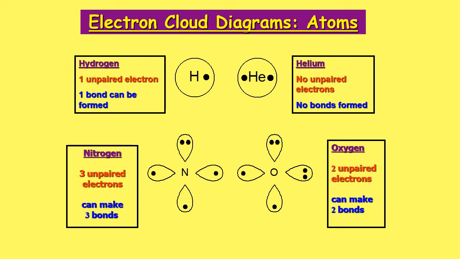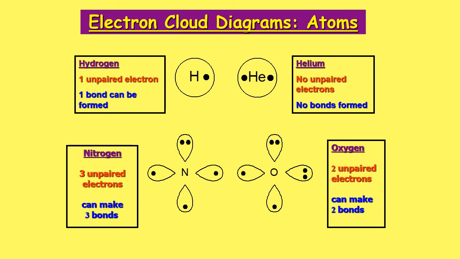Now, if the element or the atom is in the first row, so hydrogen or helium, we draw a circle. And we then draw in the number of electrons inside the circle. If it's hydrogen, there's 1. If it's helium, there's 2.